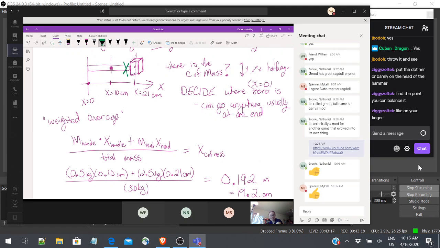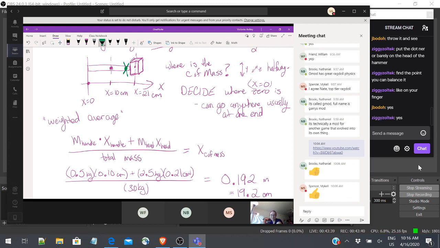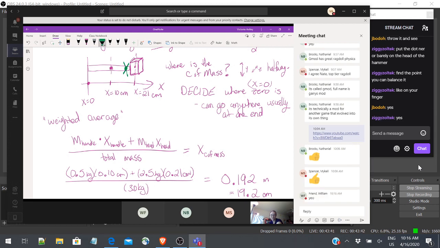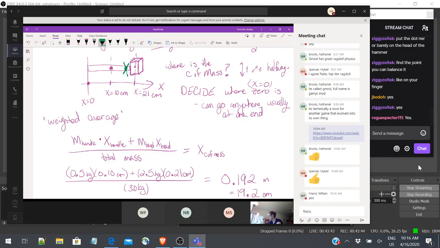That's what we anticipated. It would be very close to the head of the hammer, if not inside the head of the hammer. Okay, so that is the center of mass for our overall object. Make sense? Yes? Yes, no, yes, no. Yes. Woo! Awesome. Okay.